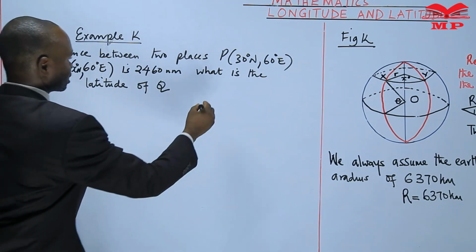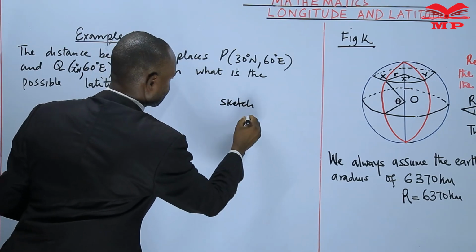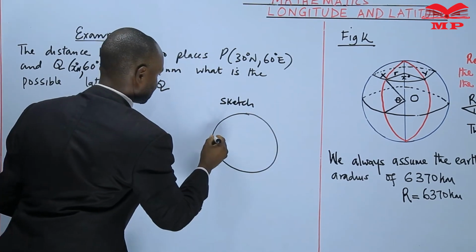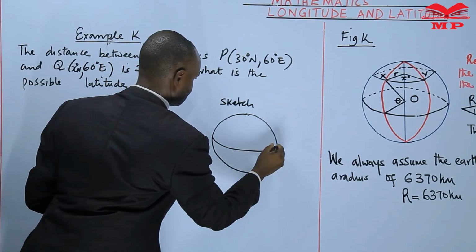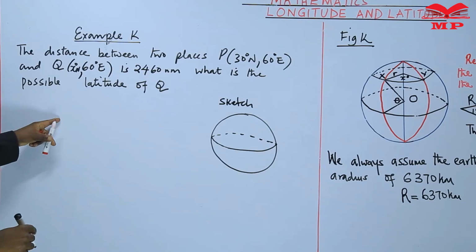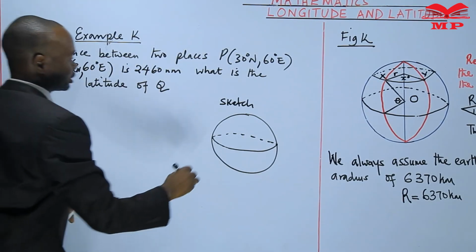So it's good to have a quick sketch. That's the equator. This is 30 degrees north, 60 degrees east.